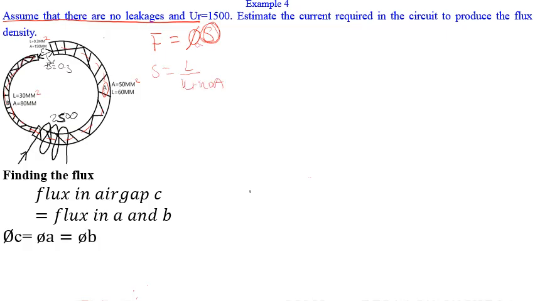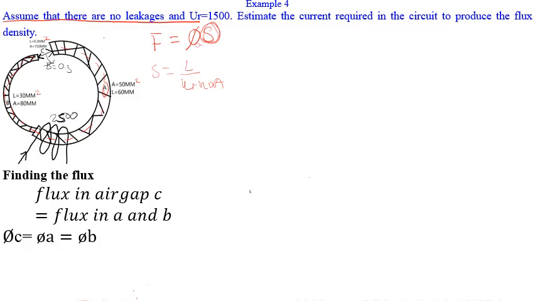Since I'm calculating the magnetomotive force for A, I say FA is the flux, which is the same in C and A, times the length of A divided by the UR, U naught, and area of A. Doing that, we get this value.